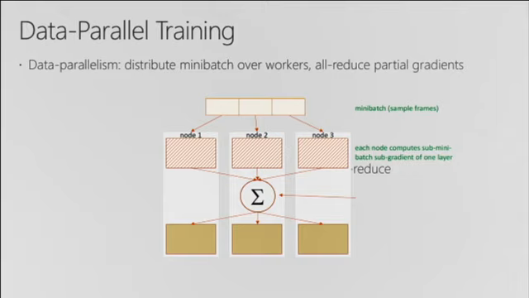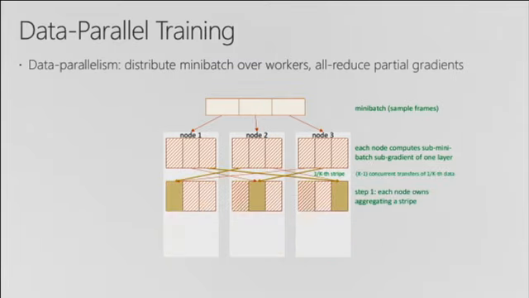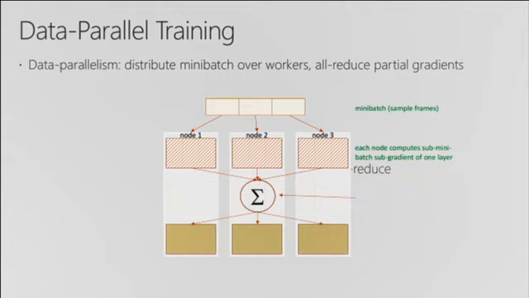Essentially, all the nodes, 1, 2, 3, send their gradients to a single node. You sum all the gradients up, update the model, and then send the model back to all the other nodes to continue training. This is very inefficient because essentially we created a bottleneck, a choking point. If node 2 fails, then the whole process is really going to suffer. Also, node 2 requires a huge amount of bandwidth in order to suck in all the gradients and send out all the models.